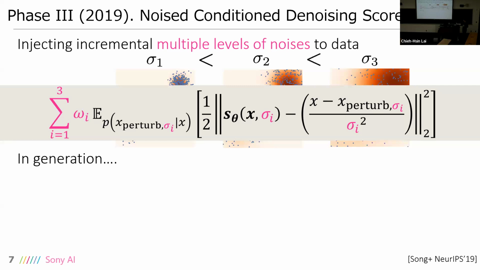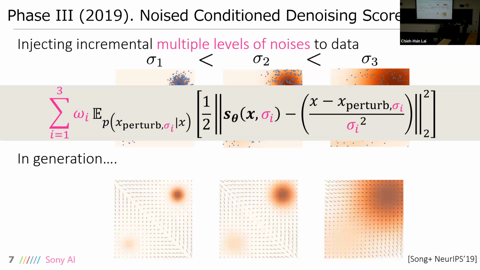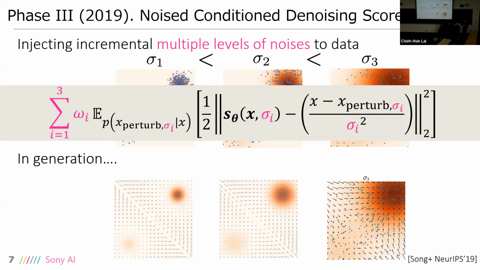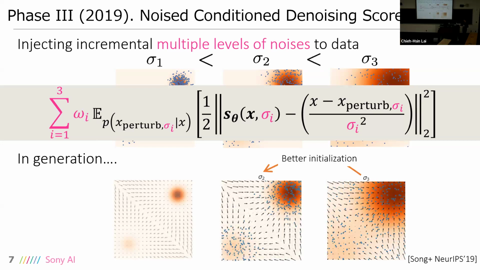During sampling, during generation, at the first level of noise, the heaviest level of noise, we still run the Langevin dynamics. We still move toward the high density region with updates as I introduced, until a certain point where it has almost converged. Then this can provide a better initialization for the less noisy level of sampling.